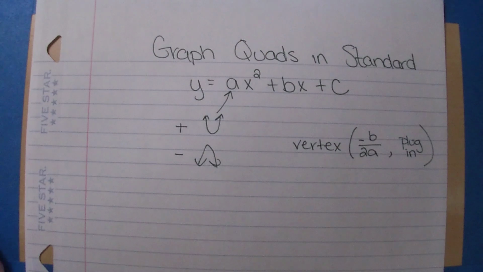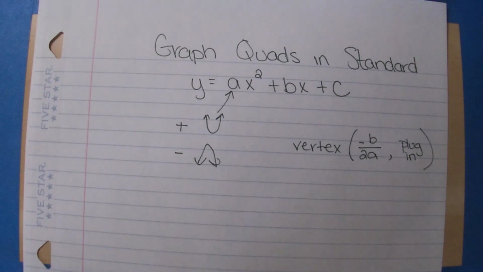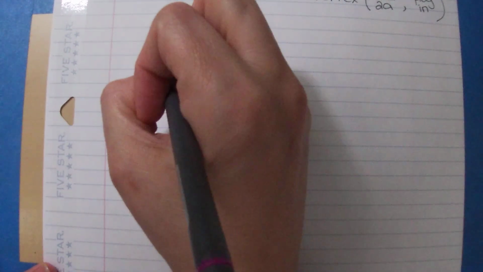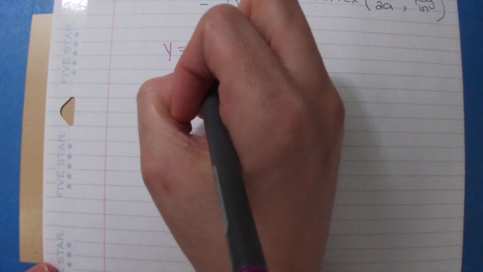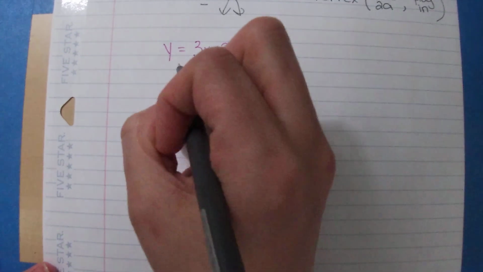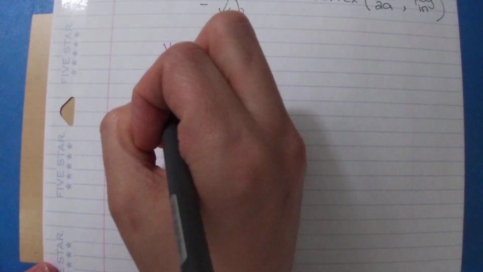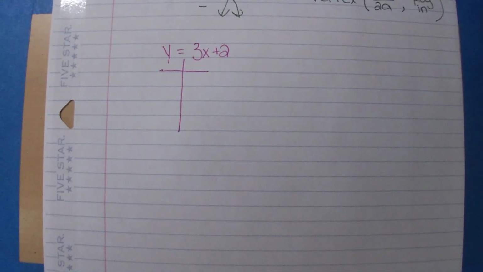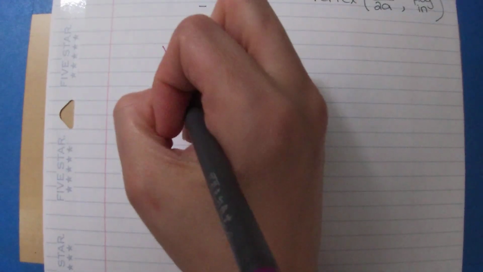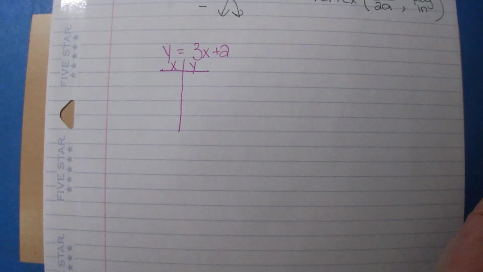We're going to rewind in our brains for a moment and go way back to trimester 1. Remember, if we wanted to graph something like y equals 3x plus 2, we talked about this yesterday. We could make a table and plug in some values.